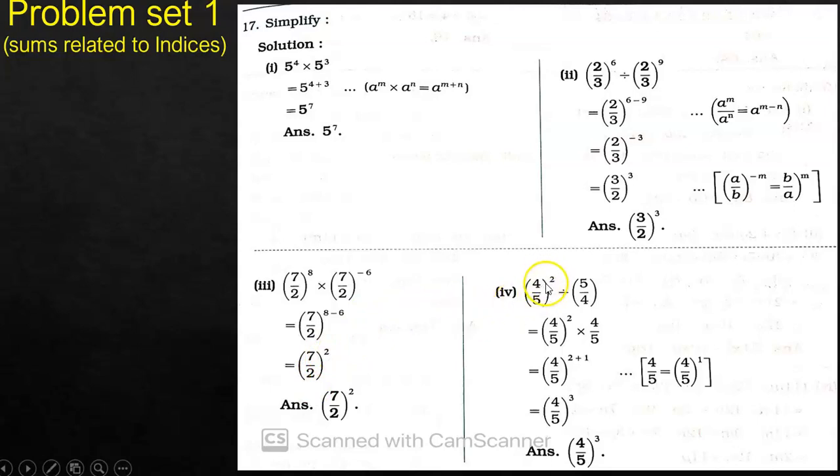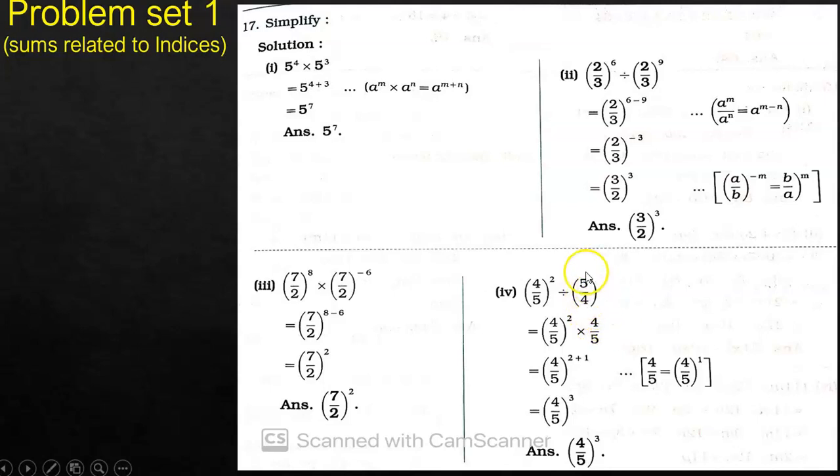Fourth one, 4 upon 5 raised to 2 divided by 5 upon 4. Now the base is not the same. So first we need to make the base the same.